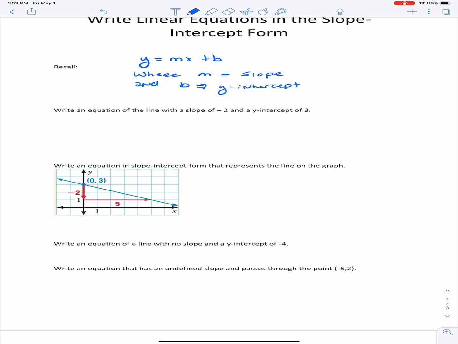Our very first example says write an equation of a line with a slope of -2 and a y-intercept of 3. So we know the form is y equals mx plus b. We know that m is equal to -2 because they told us the slope is -2, and we know the y-intercept is 3, so b equals 3.